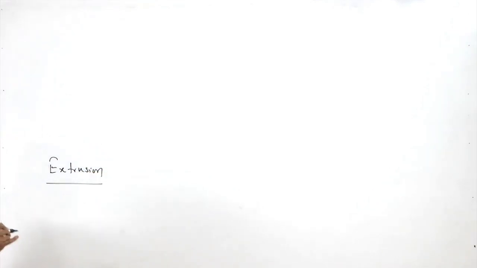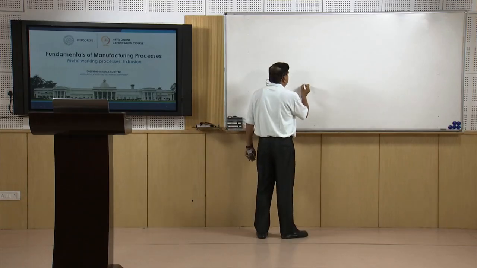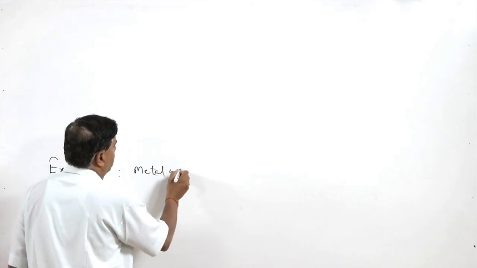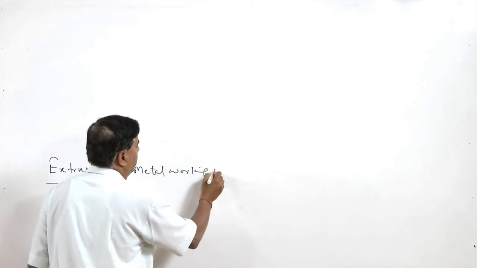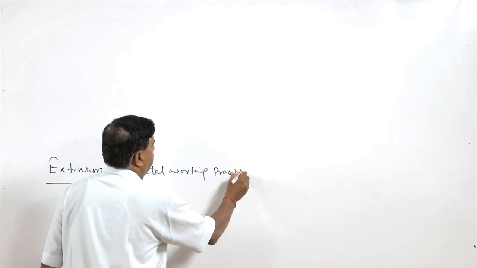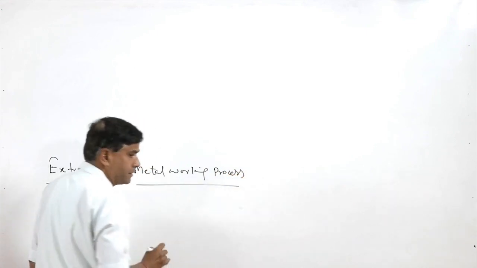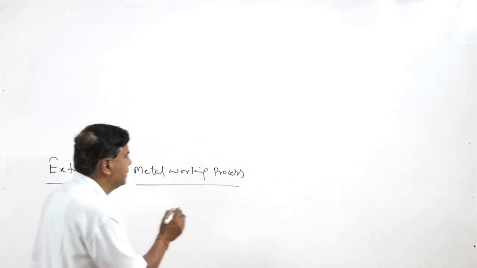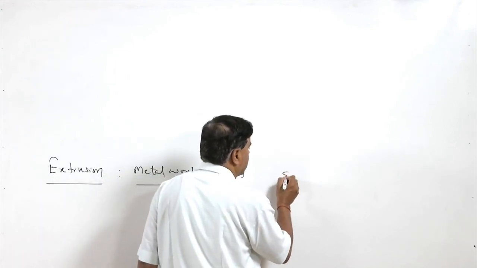Extrusion is also one of the metal working processes, meaning plastic deformation is the main mechanism used for achieving the desired size and shape.